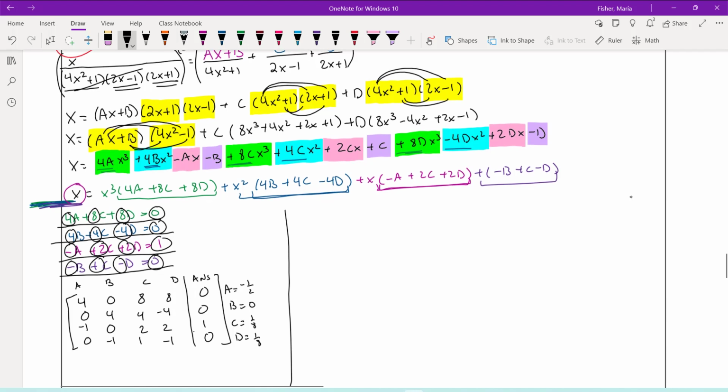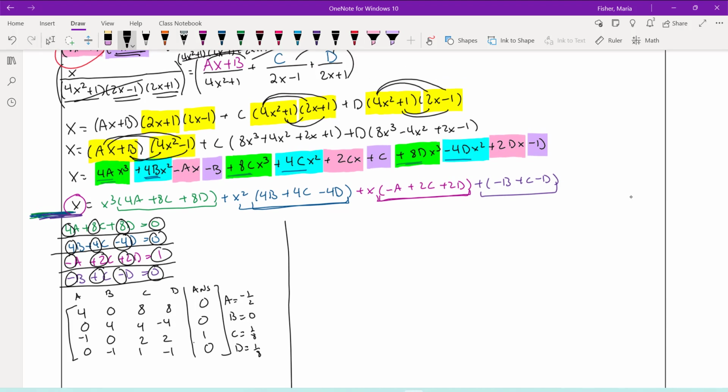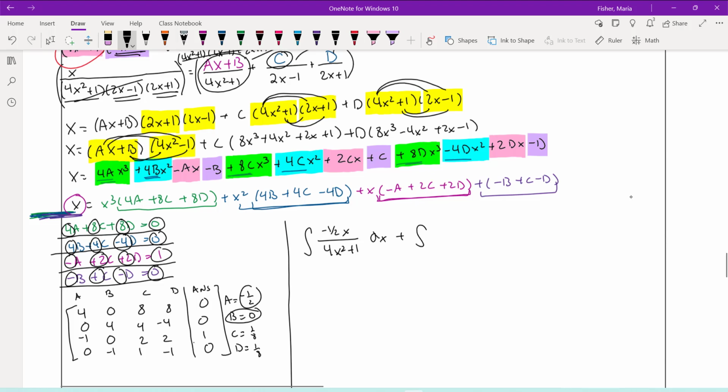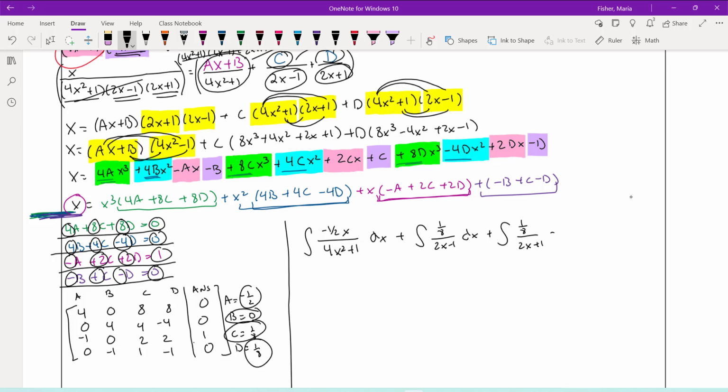So recall, we had ax plus b over 4x squared plus 1. So my a is negative 1/2 x plus b. Well, b is 0, so I don't need to say plus 0. And that's over 4x squared plus 1 dx plus the integral of c, and c is 1/8, over 2x minus 1 dx plus the integral of d, and d is also 1/8, over 2x plus 1 dx.